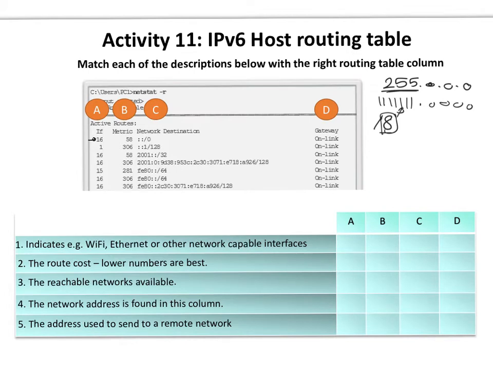So interface 1 usually indicates loopback, which is related to the fact that the packet will not exit the host, it will stay inside the host. 16 here refers to, for example, Ethernet, because a host or a laptop, imagine a laptop, typically would have an Ethernet cable and would have Wi-Fi, right?